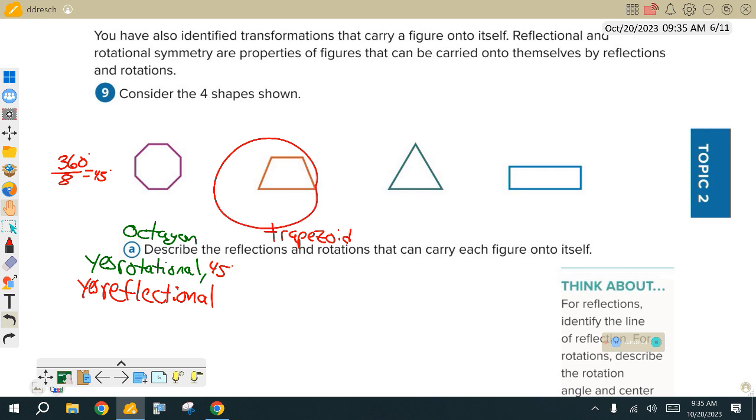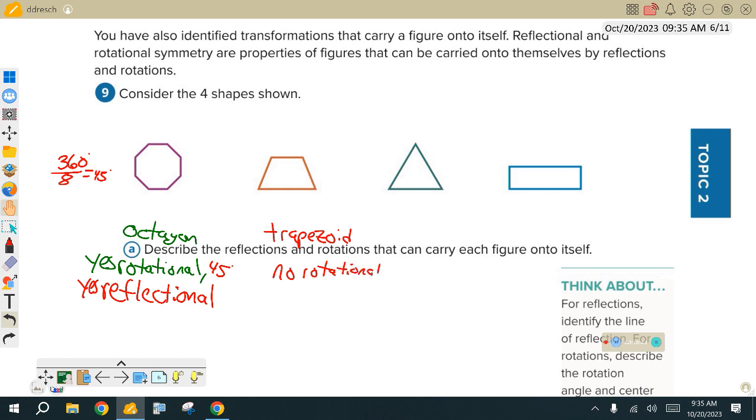And that does not happen by our definition. It's got to be less than 360. And really, you're going to find out 180 is going to be our max. The rectangle is the max that we would do, a 180 turn. So this one has no rotational symmetry.